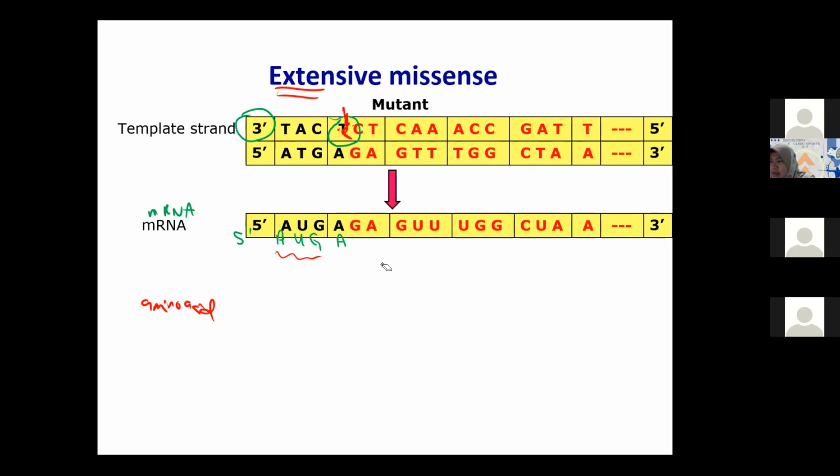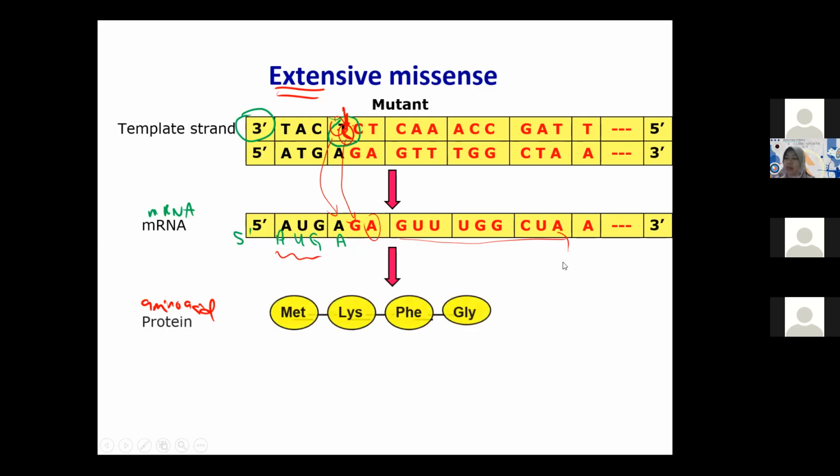Okay, nampak tak? T, A, and then next due to the insertion of C, dia jadi G, and then C, tadi apa kat sini? T T, A, and so on. Nampak tak tu? Okay, right? So as the mRNA sequence changes, it might also change the amino acid. Nampak tak? All the amino acids change.